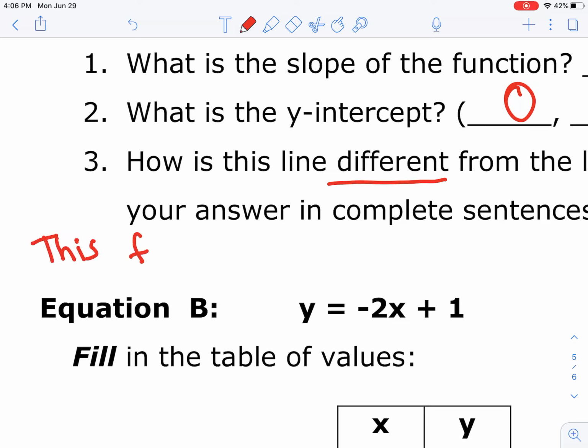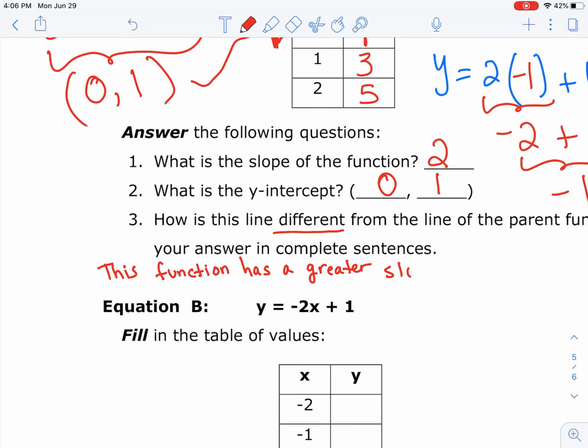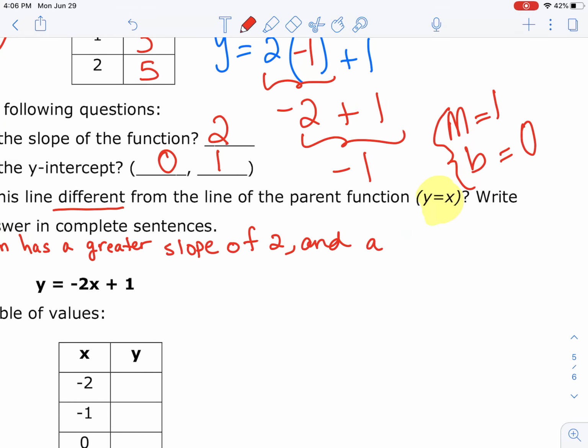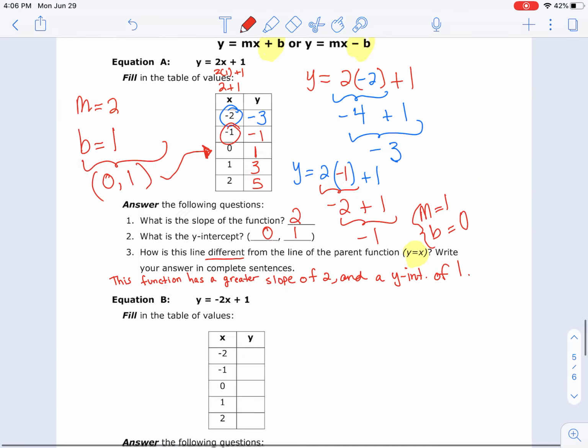This function has a greater slope of 2 and a y-intercept of 1.